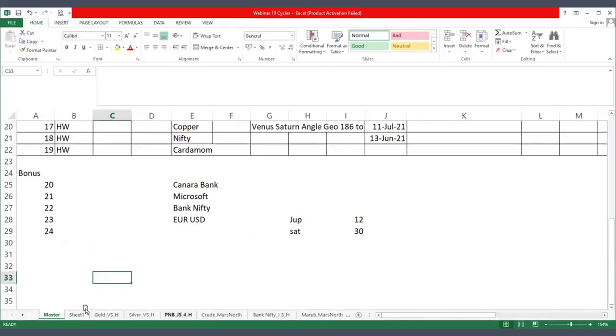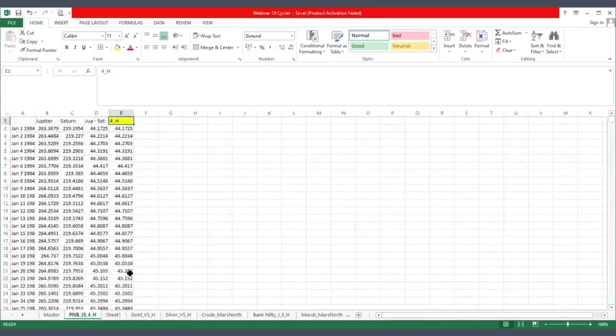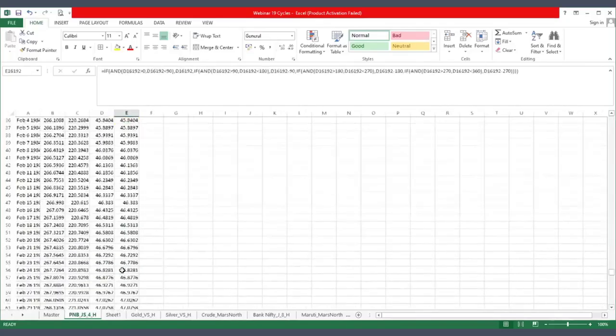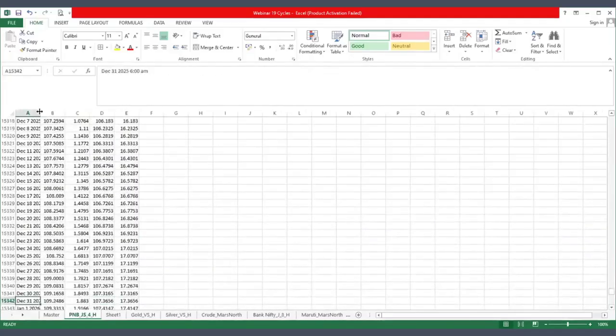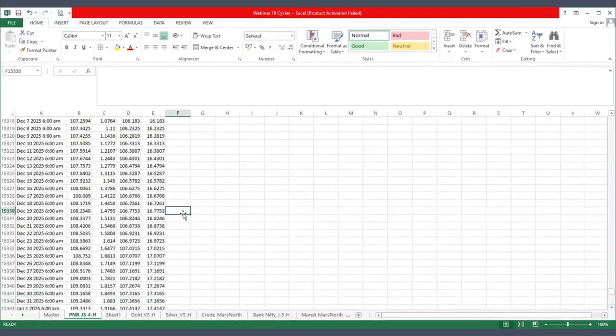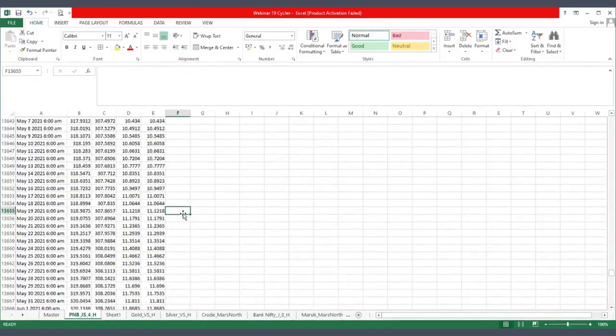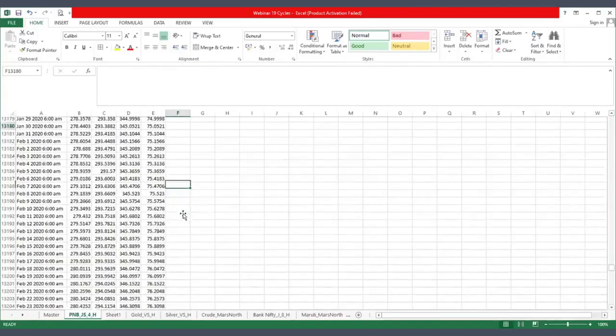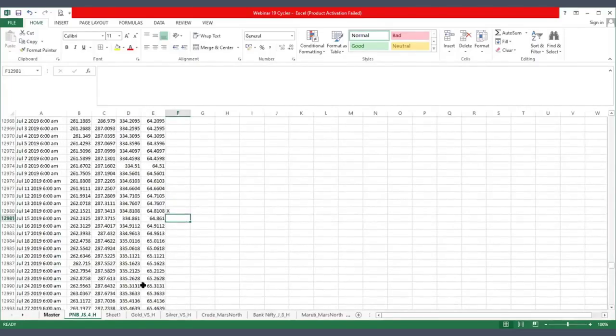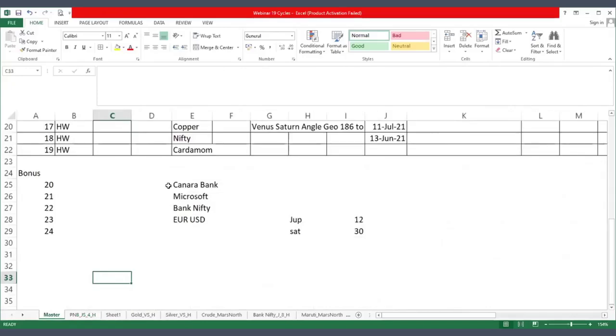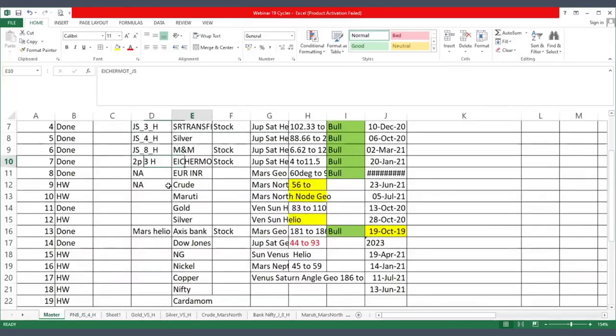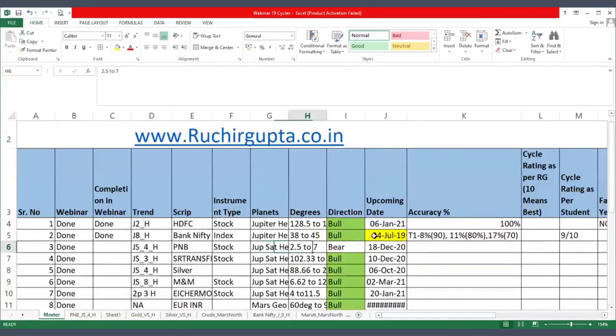so PNB, yes. Bank Nifty cycle is coming on 13th January 2021, that I have updated.